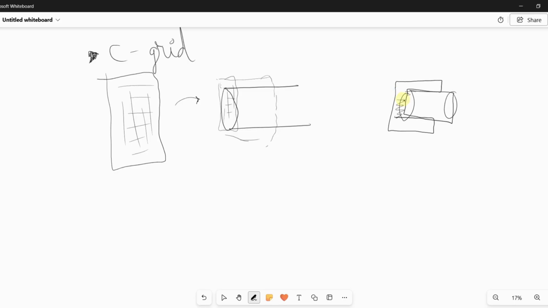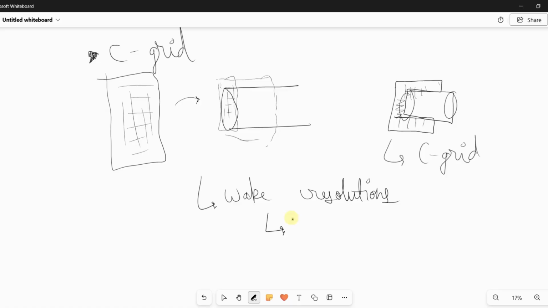And whatever mesh comes on this is what we call the C grid. So hope you understood that. This is mostly used for wake resolutions and blunt leading edges.